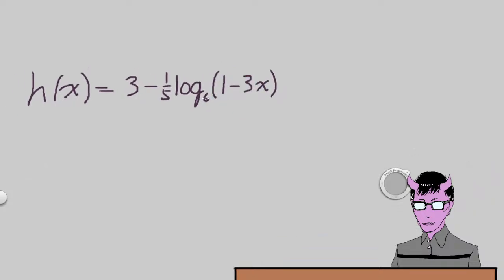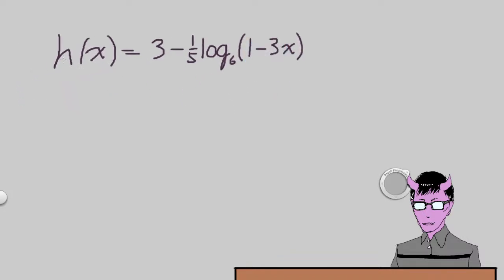We'll just maximize the annoyance. So we have amplitude change, we have reflection, we have shift up, we have, what is that? Horizontal compression, and then we have shift up, and we have reflection. So fun times all around. Let's get to it.